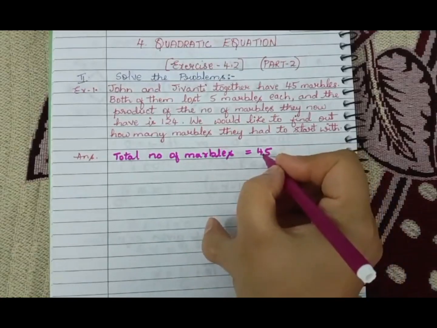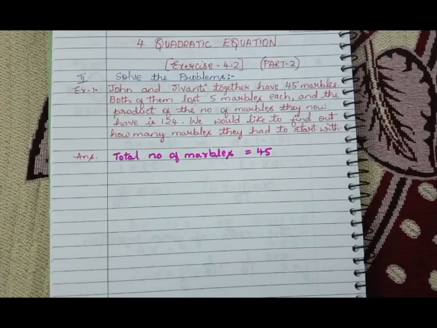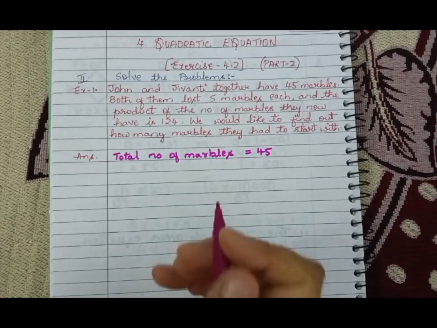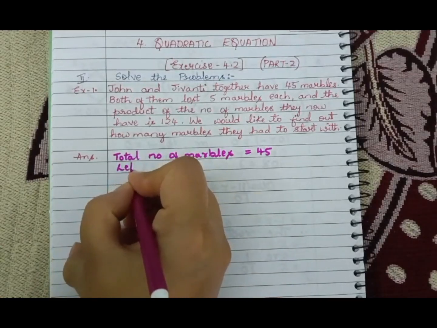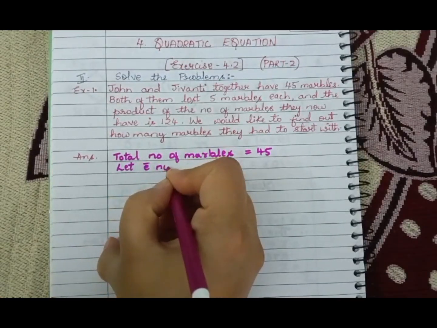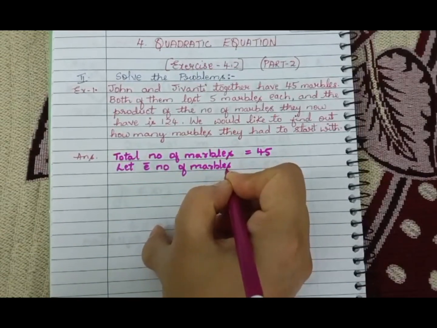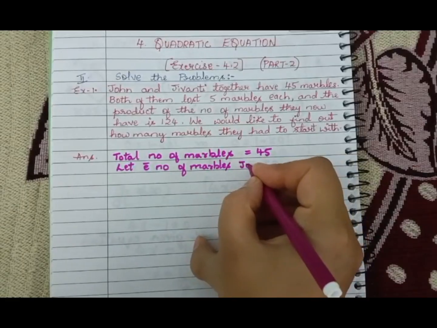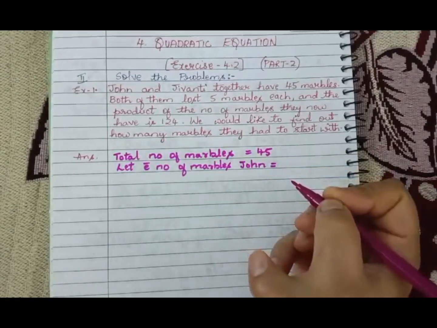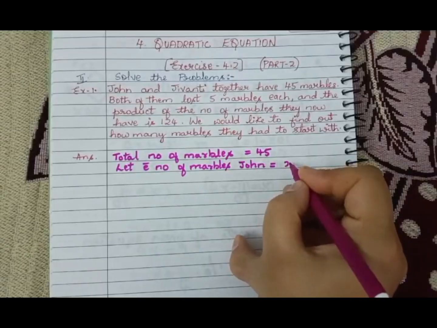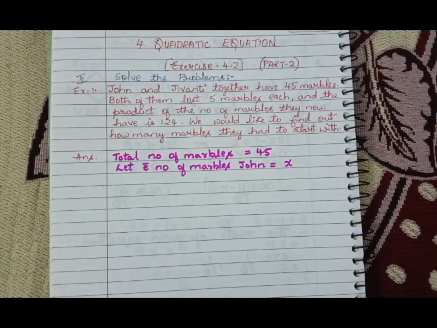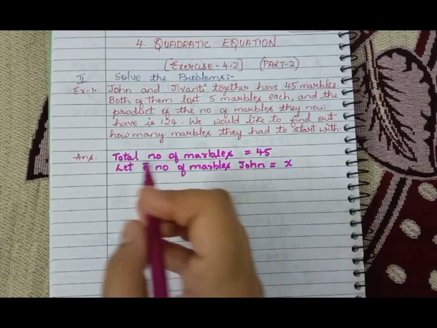Now let the number of marbles John have be x. This we have to assume and write.